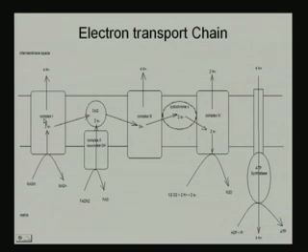In this cross sectional view, we can find the arrangement of complex 1, complex 3 and complex 4, whereas complex 2 is present in the inner mitochondrial membrane.